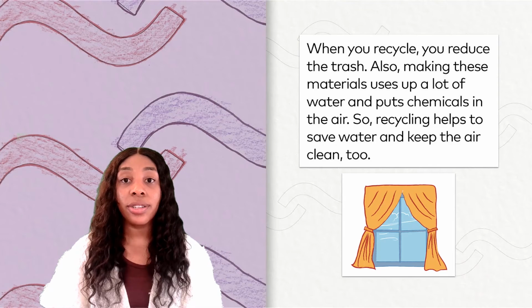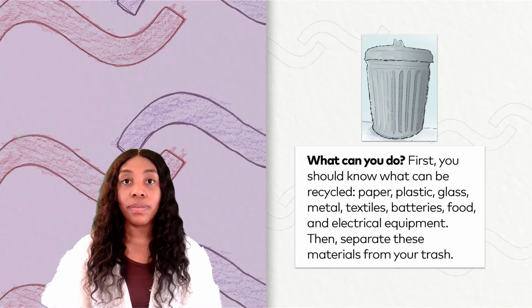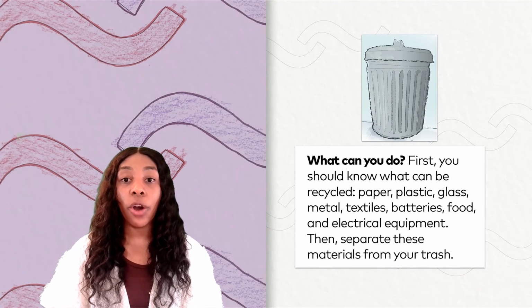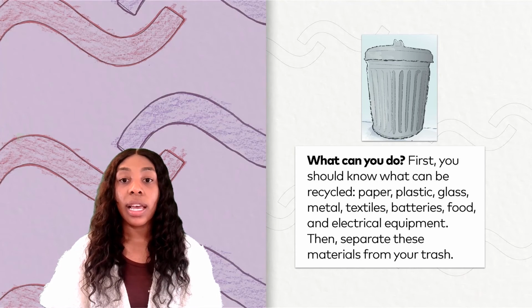When you recycle, you reduce the trash. Also, making these materials uses up a lot of water and puts chemicals in the air. So, recycling helps to save water and keep the air clean too. What can you do? First, you should know what can be recycled. Paper, plastics, glass, metal, textiles, batteries, food, and electrical equipment.